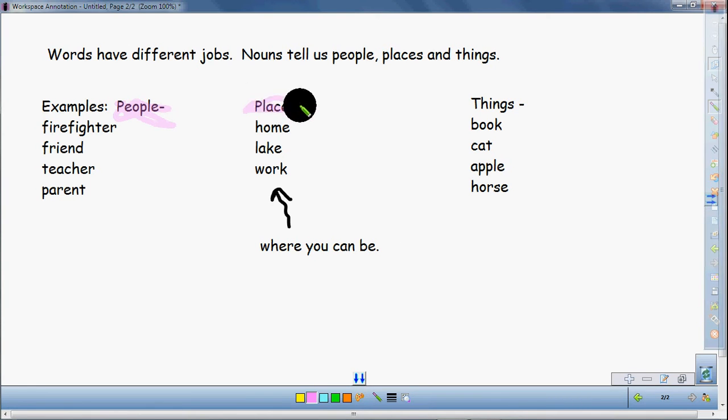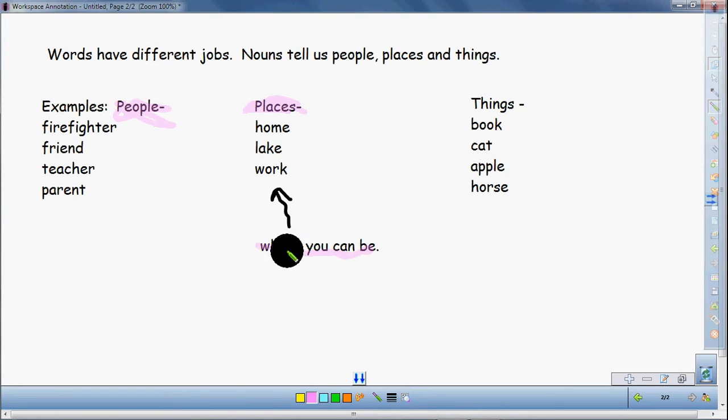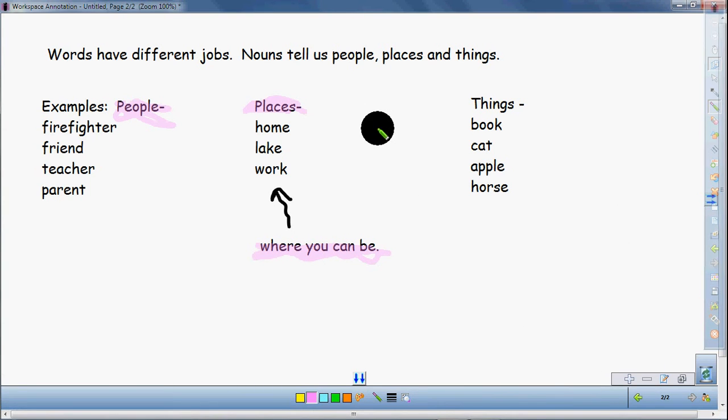Places tell us where you can be. Examples are home, at the lake, or at work. Things are like a book, a cat, an apple, a horse. These are 3 different types of nouns: people, places, and things.